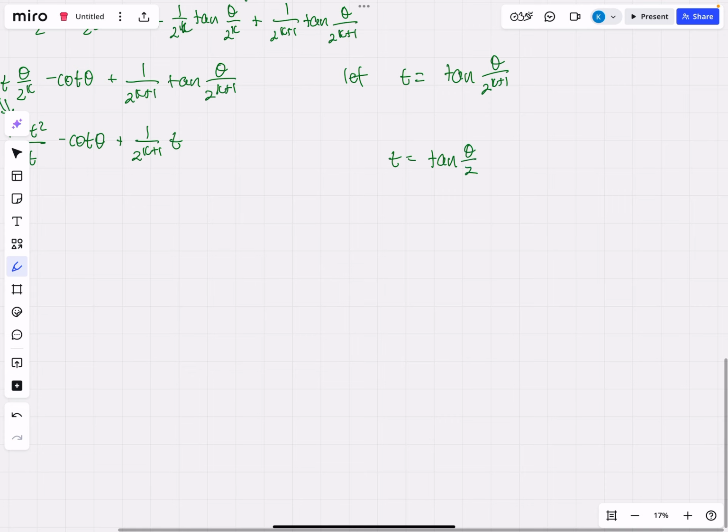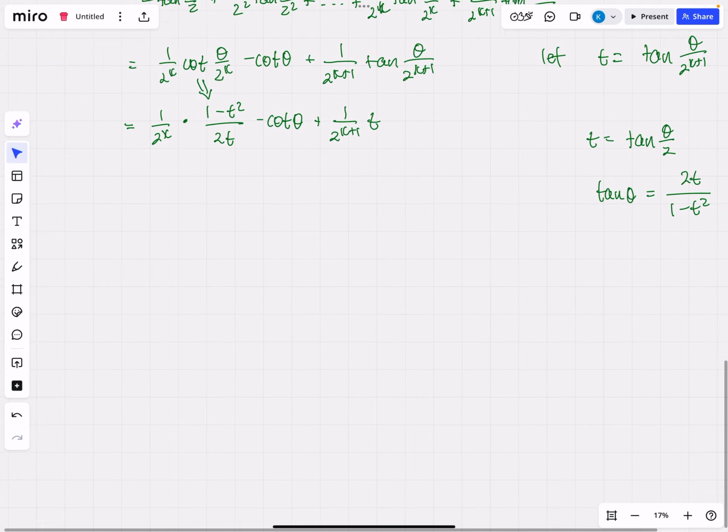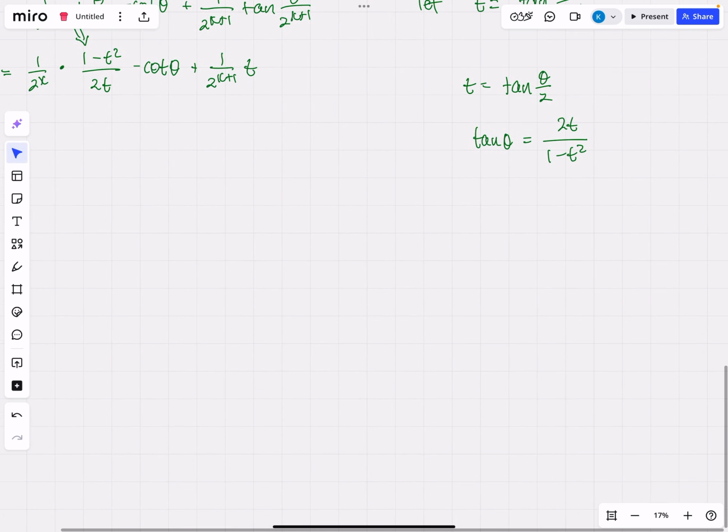And we know that tan theta equals 2t over 1 minus t squared. Okay? So that means cot theta equals 1 minus t squared over 2t. There we go.